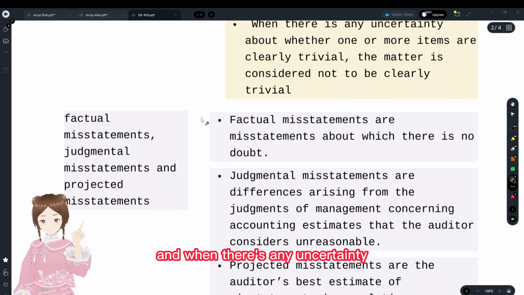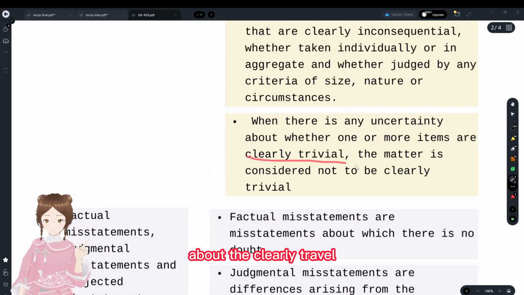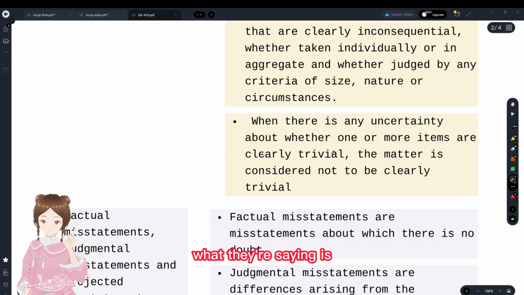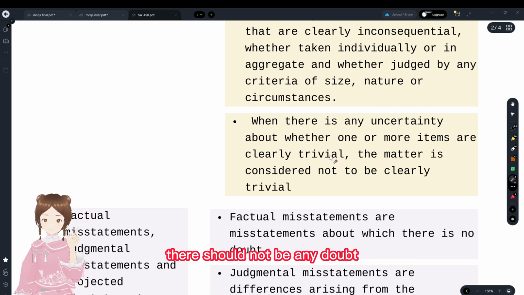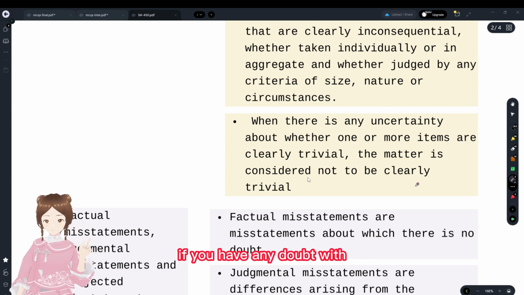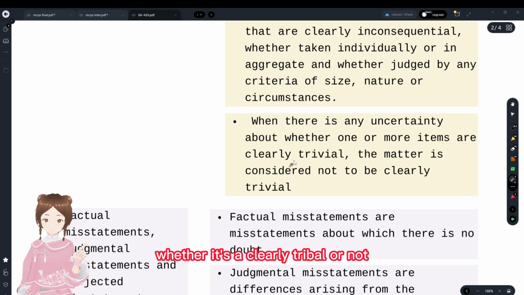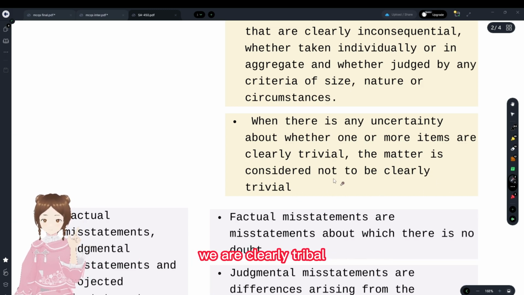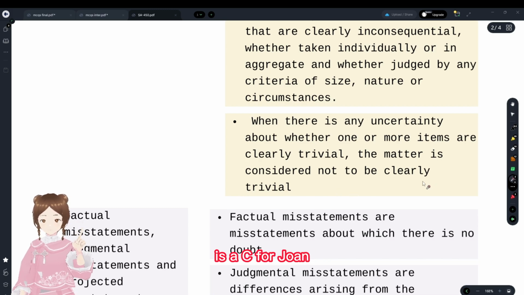And when there is any uncertainty about whether it is clearly trivial, the matter is considered not to be clearly trivial. So what they are saying is there should not be any doubt with regards to clearly trivial. If you have any doubt whether it's clearly trivial or not, do not consider it to be clearly trivial. Clearly trivial is a safer zone.